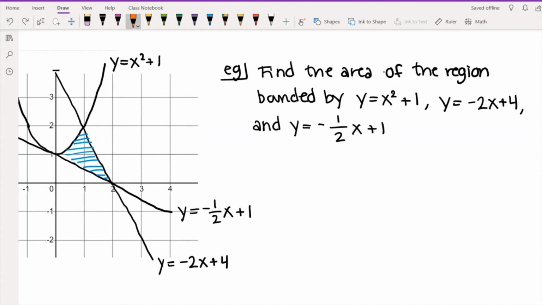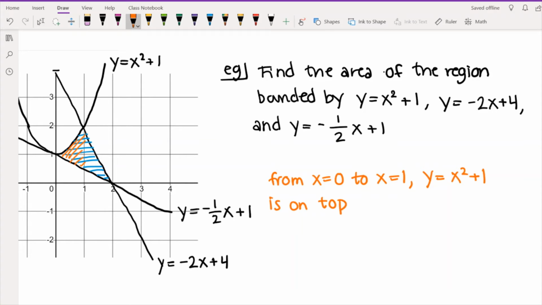Okay, so we're going to split this into two parts. The first part we're going to do is this part. So to find this area, for the first part, from x is equal to 0 to x is equal to 1, y is equal to x squared plus 1 is on top.